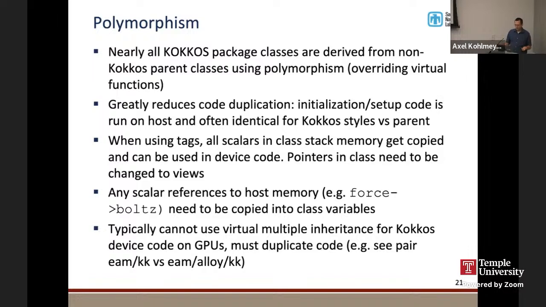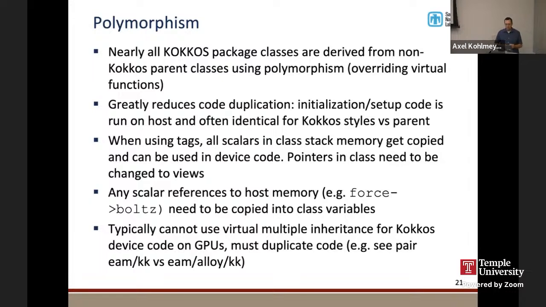With this polymorphism, we don't copy it, we just inherit it. It's inherited from the parent and can be used by the Kokkos style. In this manner, we're only really overriding maybe the compute function and a few others.